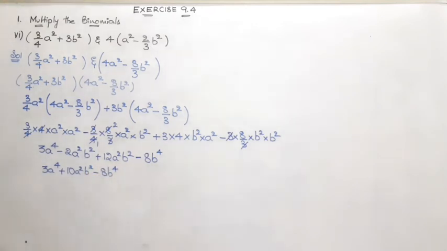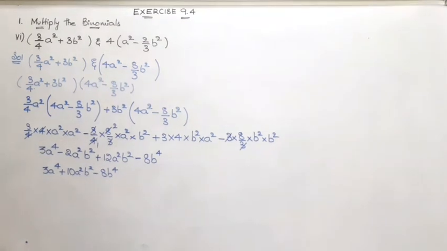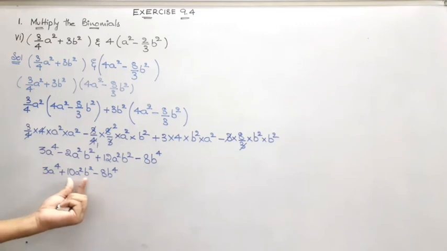So hope you followed it, children. So 3a power 4 plus 10a square b square minus 8b power 4. So copy into your CWs carefully by observing the video.